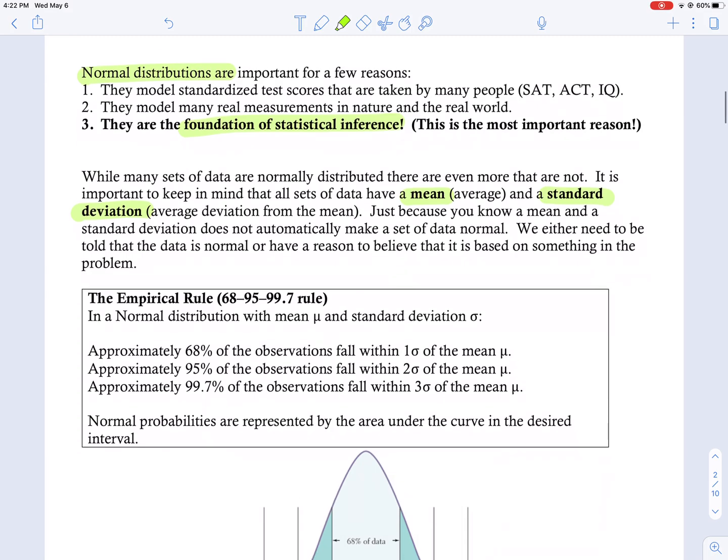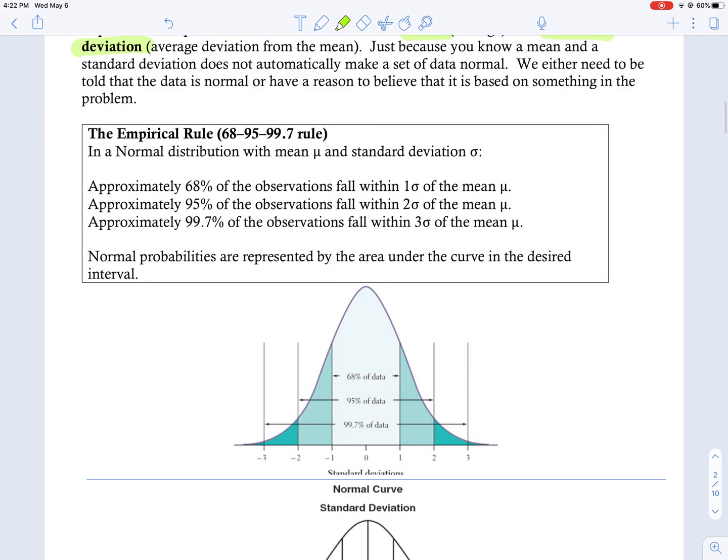So there is this empirical rule that you're going to see, this 68, 95, 99.7. In a normal distribution, from your center, which is going to be your mean, 68% of your observations are going to fall within 1 standard deviation of the mean.